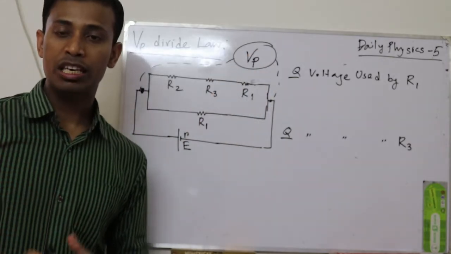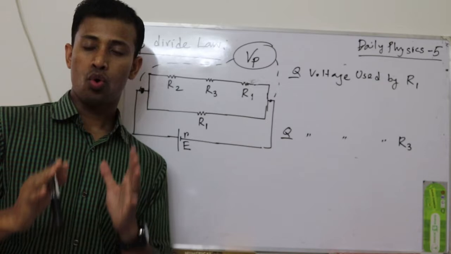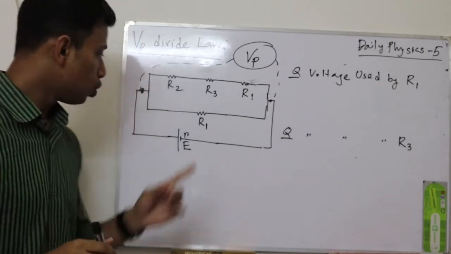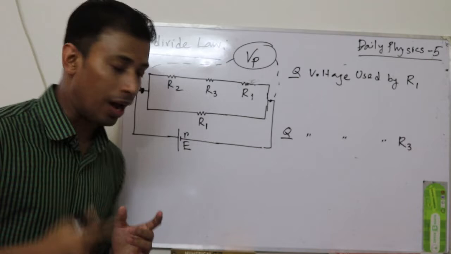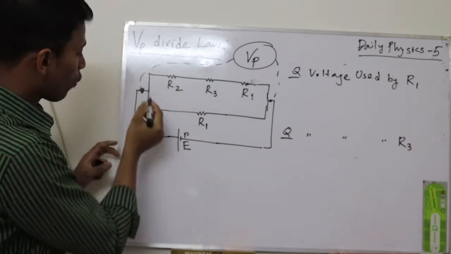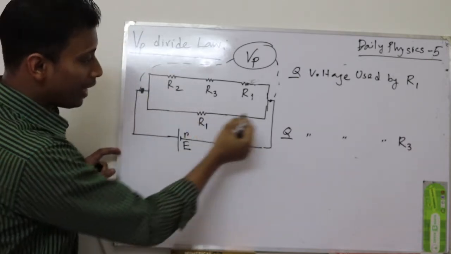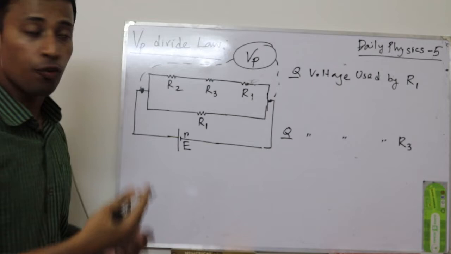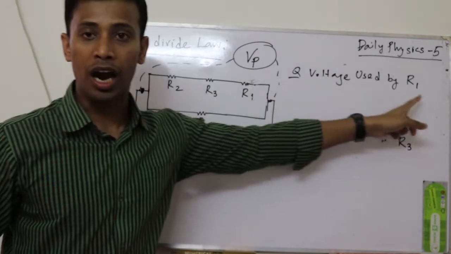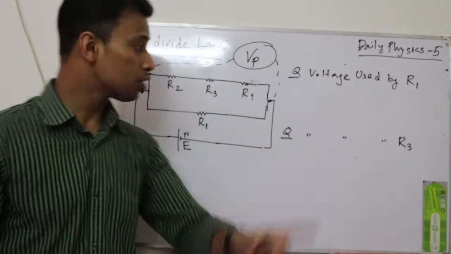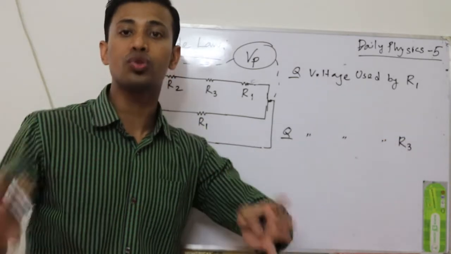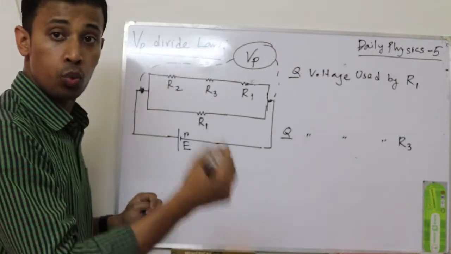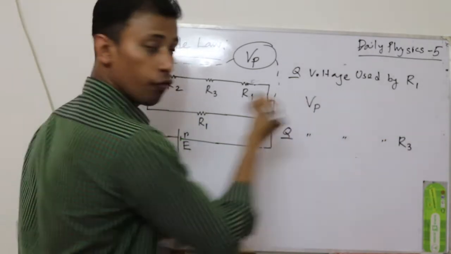Now, if they ask us what will be the voltage through resistance R1, what is the starting point of R1? Here, and the ending point of R1 is here. So if the question asks for the voltage used by R1, or the voltage difference between the two sides of R1, this will be Vp.